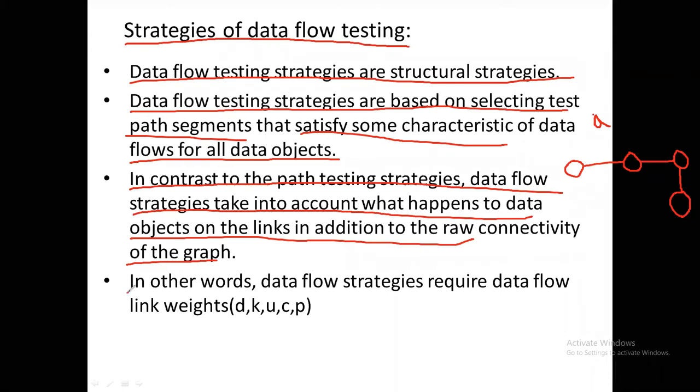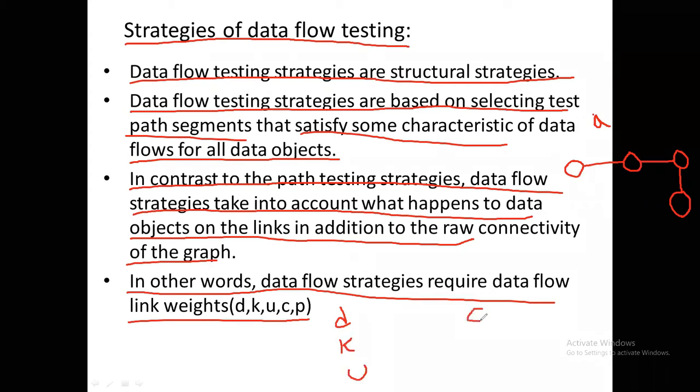These are the different weights here: D, K, U, C, and P. D means define. K means kill.